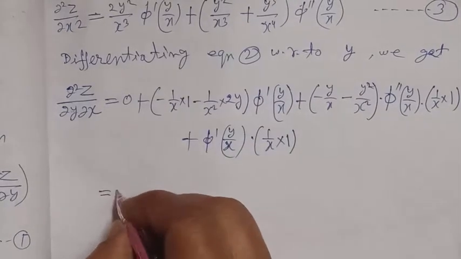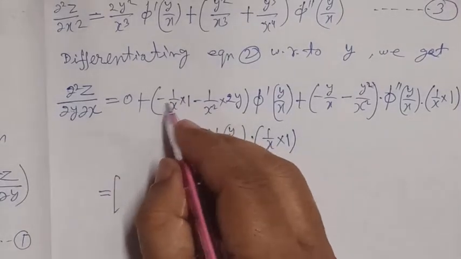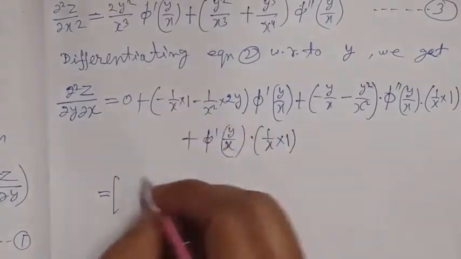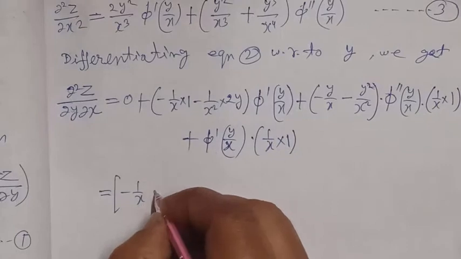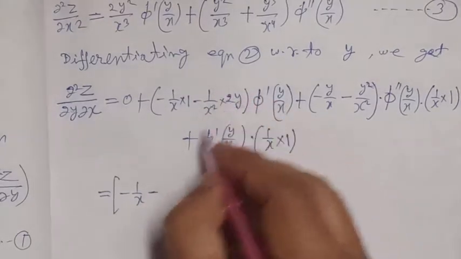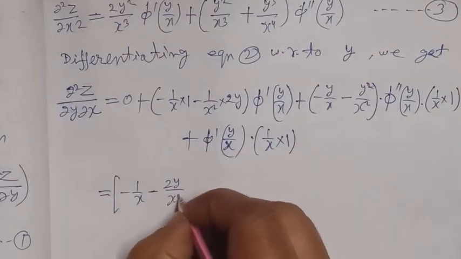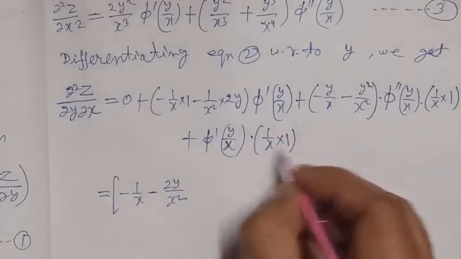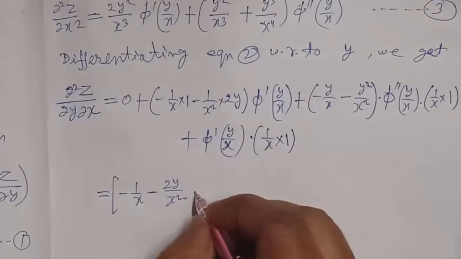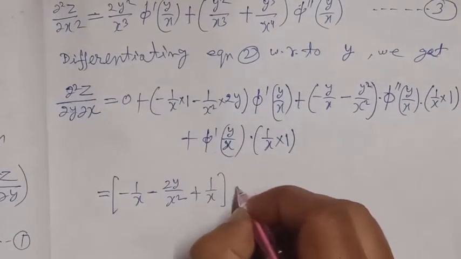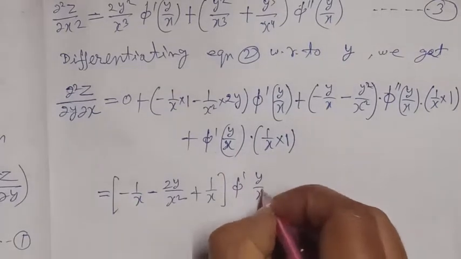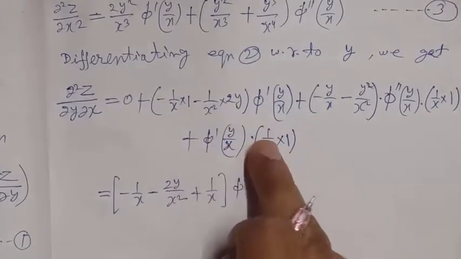So we get the first term minus 1 upon x here, and after it I write this value 2y upon x square, and now this value, which is equal to 1 upon x, is the coefficient of phi dash y upon x. So I write these terms.